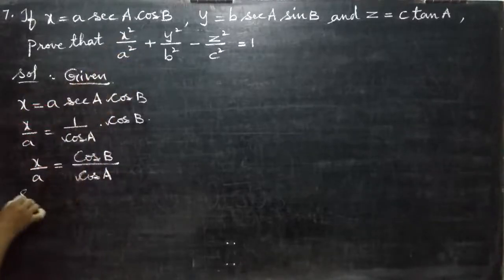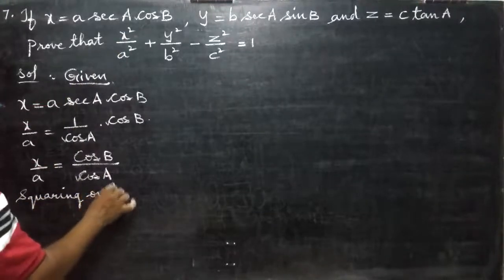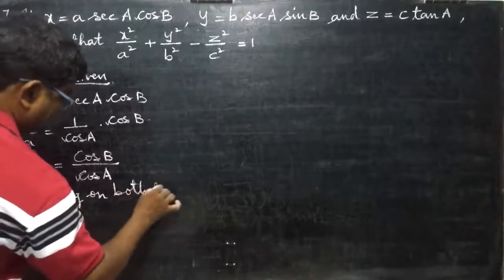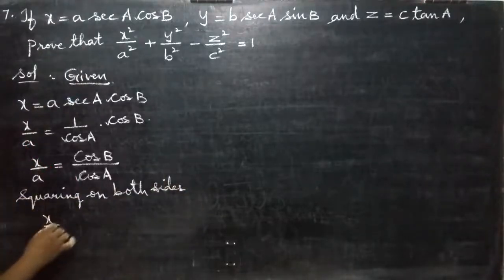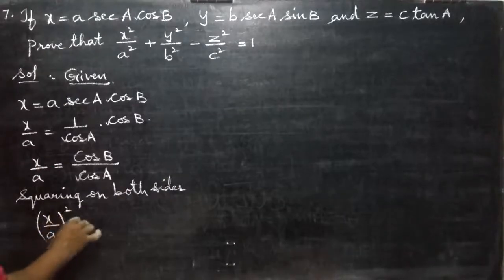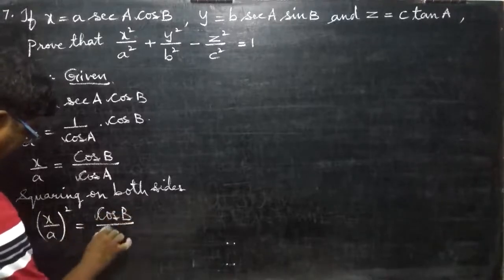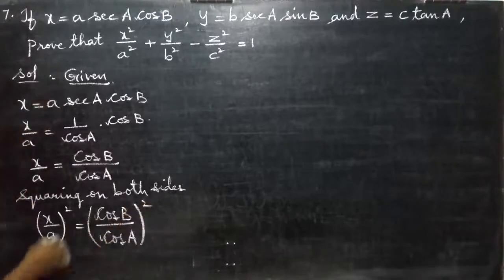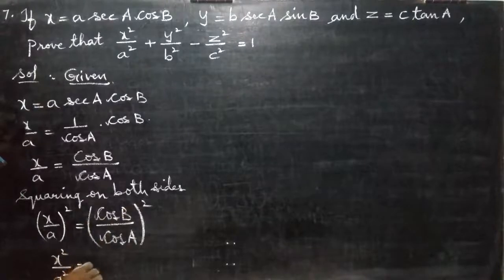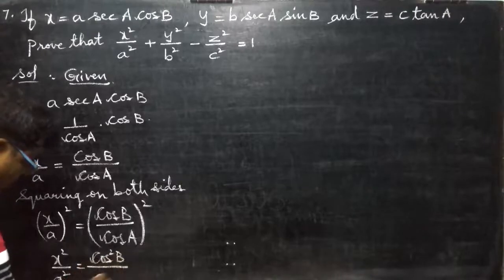So the hint: squaring on both sides, not one side, both sides. Now x by a whole square is equal to cos B by cos A whole square. Next, x square by a square is equal to cos square B by cos square A.